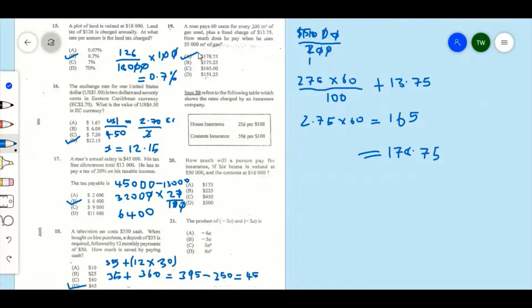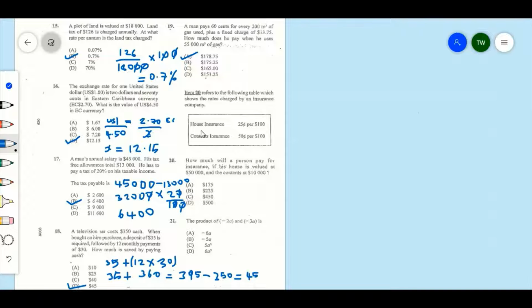All right. Item 20 refers to the following table, which shows the rate charged by an insurance company. Insurance, 25 cents per $100. Content insurance, 50 cents per $100.